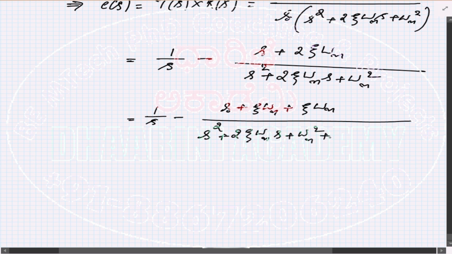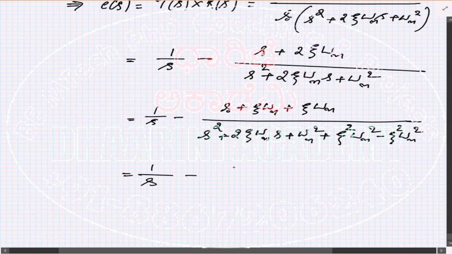I add and subtract zeta square omega n square. Now this is 1 by s minus, and I'll club the zeta square omega n square with the first terms.